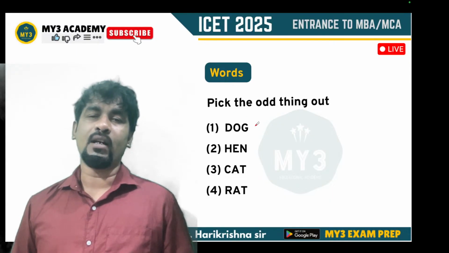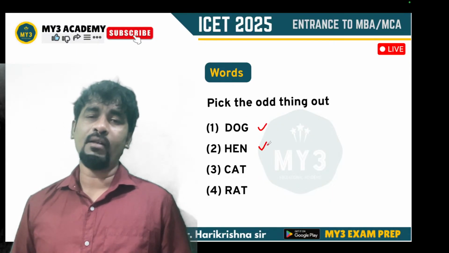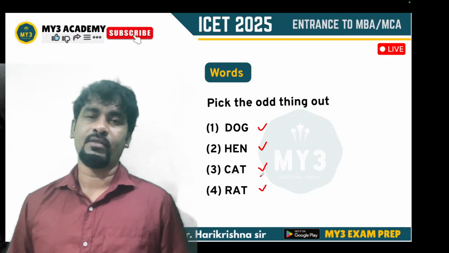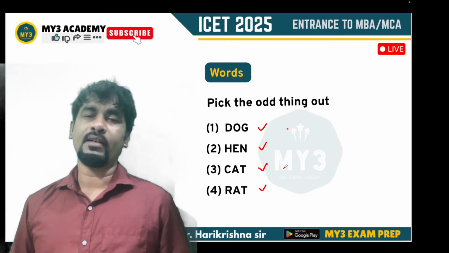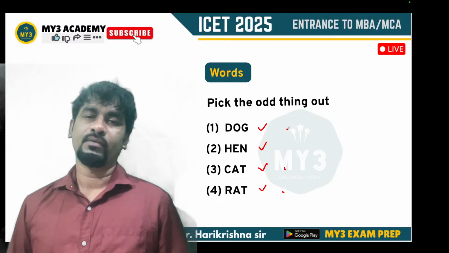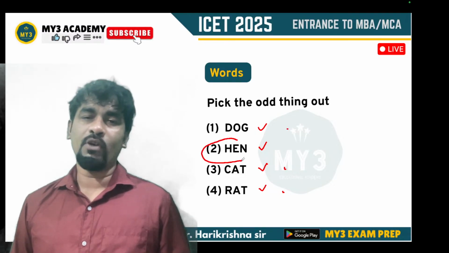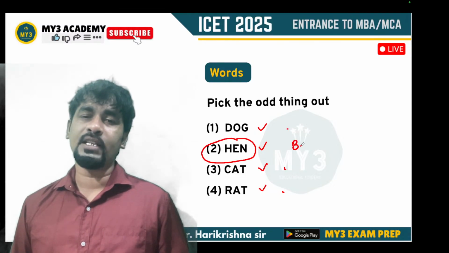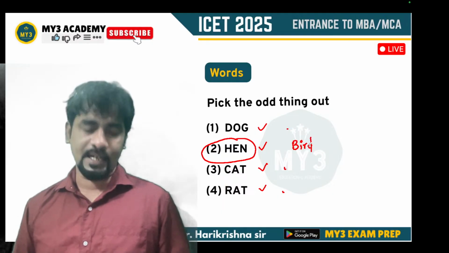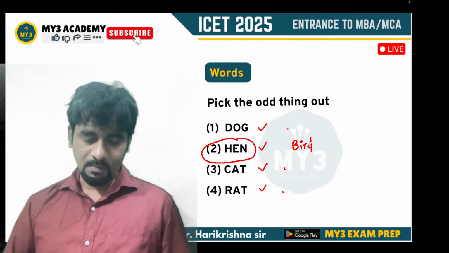So please observe. So dog, hen, cat, rat. So dog and cat and rat and hen. If you look, hen is the only one which is different. Why? This is a bird category. So the answer must be hen.